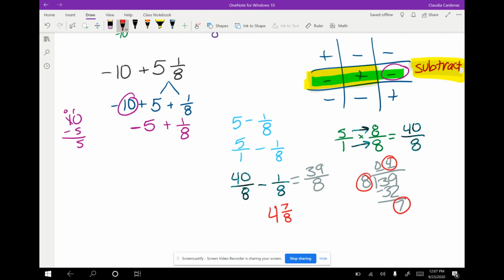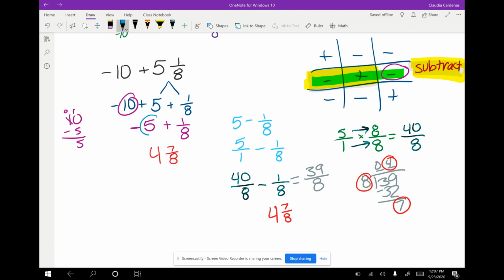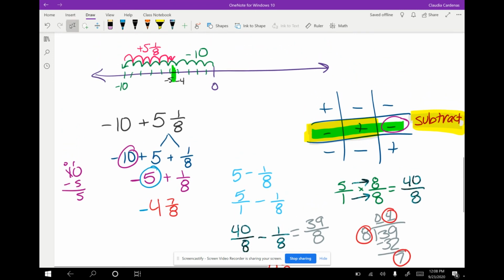So we have an answer of 4 and 7/8. But which number was bigger again? Well, since the 5 wholes is bigger than the 1/8, that means our answer is going to be negative. Okay, which makes sense if we look back at our number line. We were still in the negative section of our number line, so we were at negative 4 and 7/8.